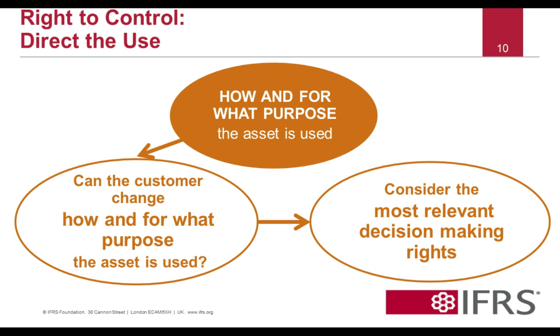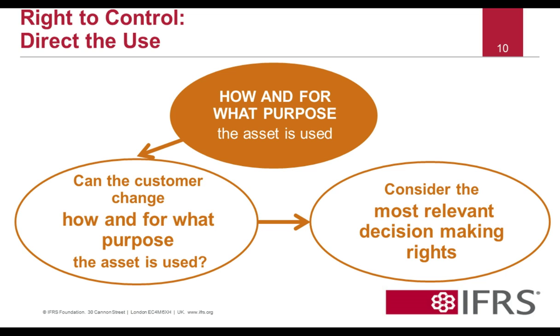Another example would be a shipping example in which the facts and circumstances are different to those I talked about on the last slide. In the cases of what is sometimes referred to as a time charter contract, a customer might enter into a contract that gives it the right to use a specified vessel for a specific period of time, say 5 years.